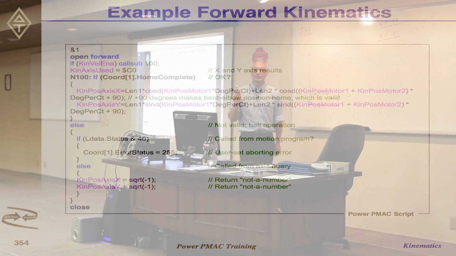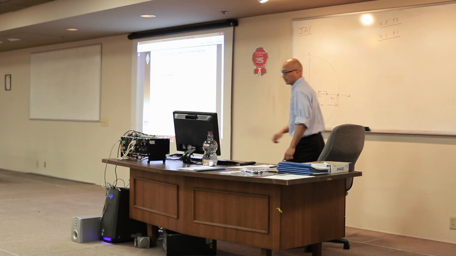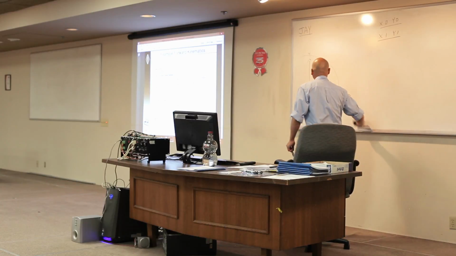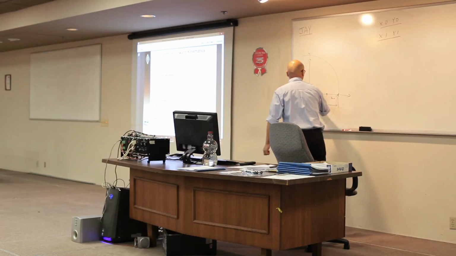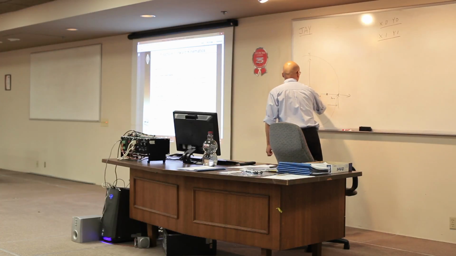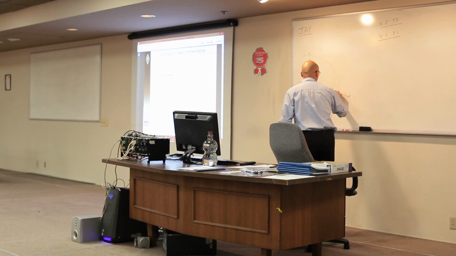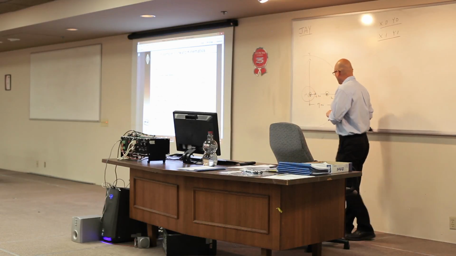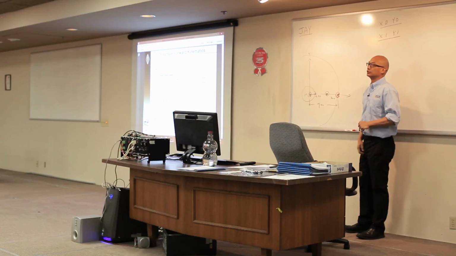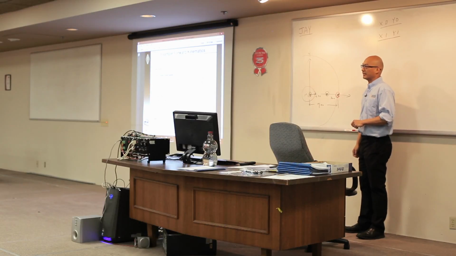The reason for that is, this is your robot. This is the tooltip. If the tooltip is on 700, is it a valid solution? It should be, right?